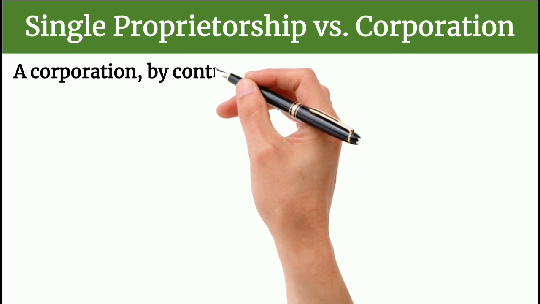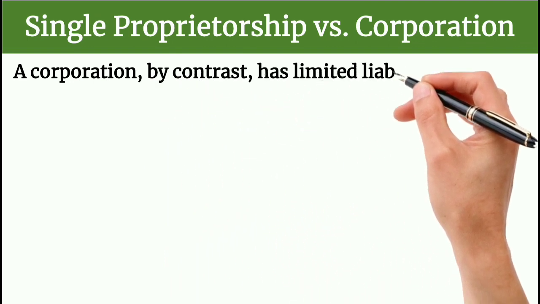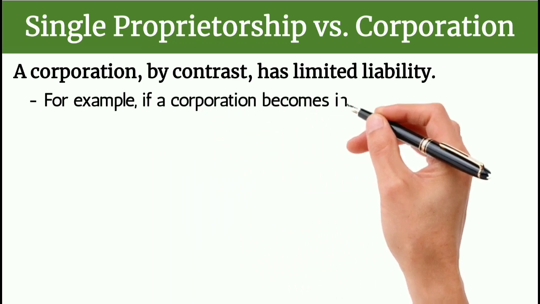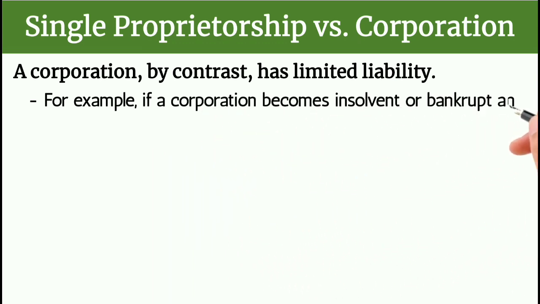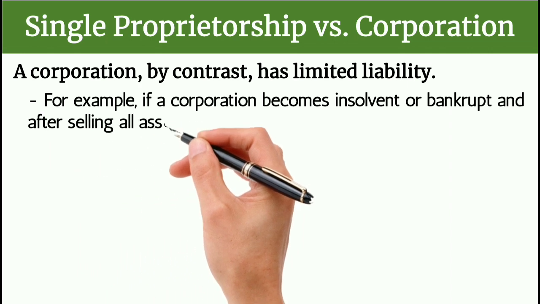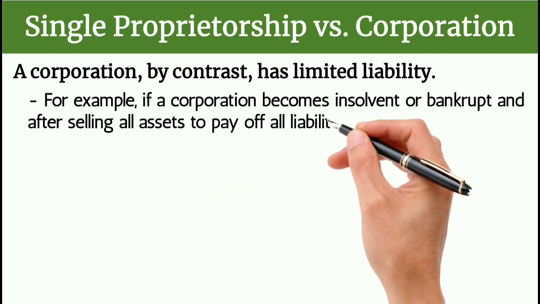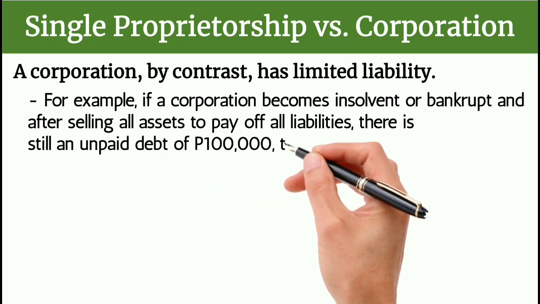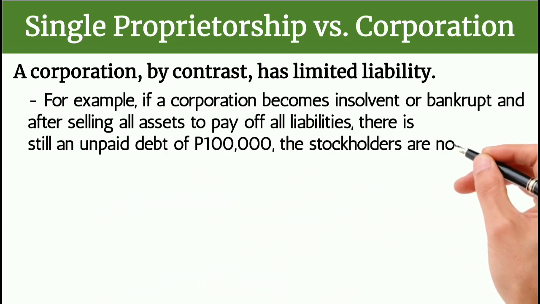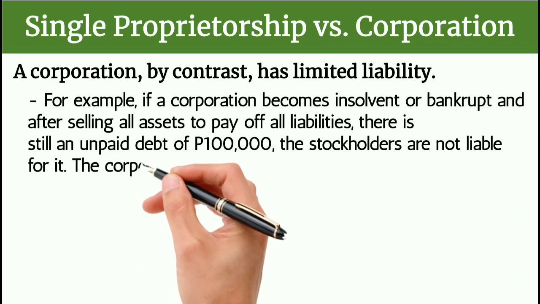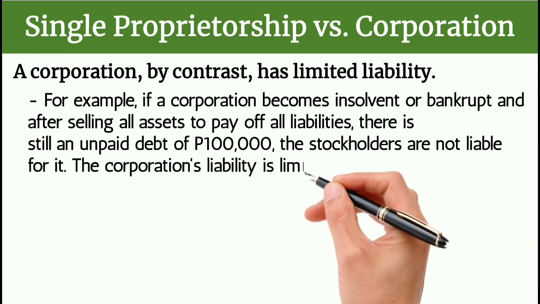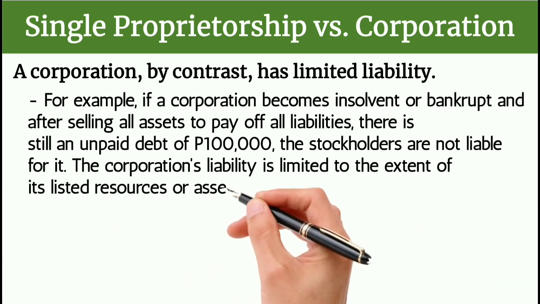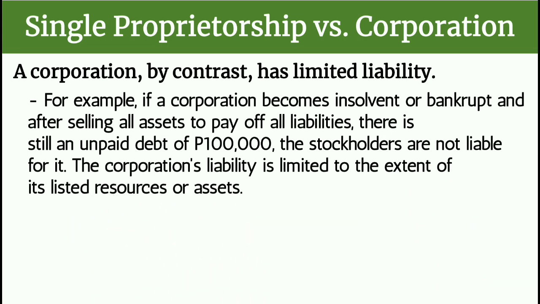A corporation, by contrast, has limited liability. For example, if a corporation becomes insolvent or bankrupt, and after selling all assets to pay off all liabilities, there is still an unpaid debt of 100,000 pesos, the stockholders are not liable for it. The corporation's liability is limited to the extent of its listed resources or assets.